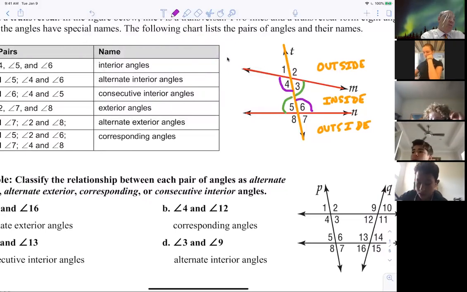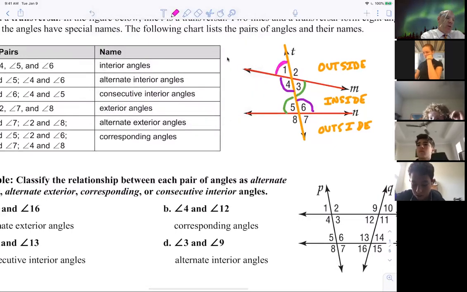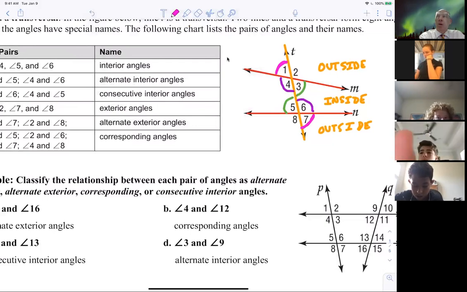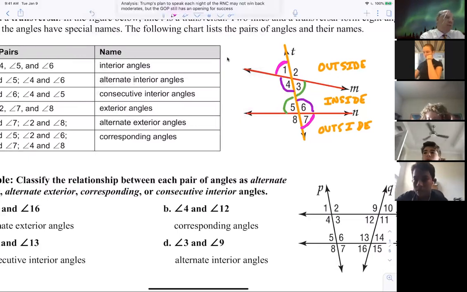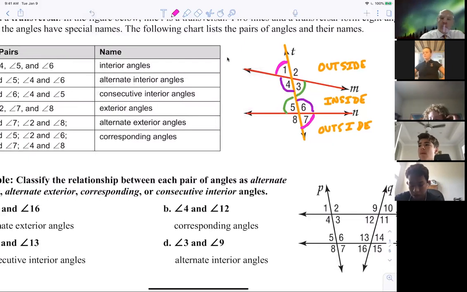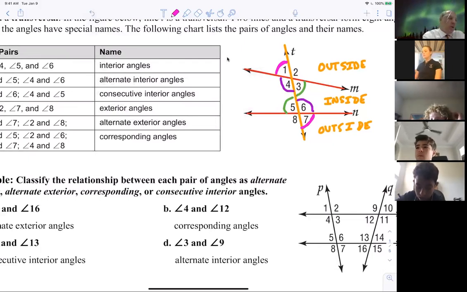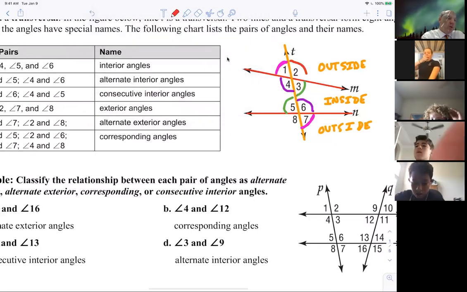Just like 1 and 7, we could call 1 and 7 are called what? Alternate exterior angles. That is correct. 1 and 7 are alternate exterior angles. All right, and then let's take a look closely at 2 and 8.